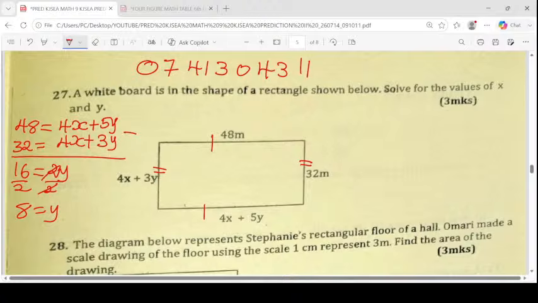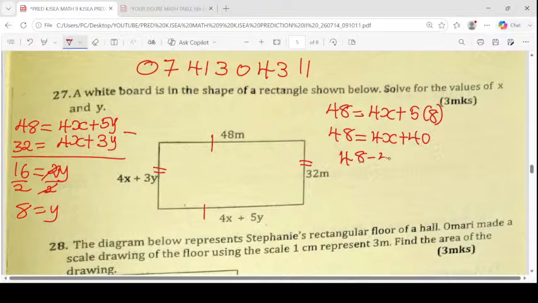To get now the value of x, you can substitute into either of the equations. I can take 48 is equal to 4x plus 5y. Now 5 times y, which is 8. So this will become 48 is equivalent to 4x plus 40. Collecting like terms, I'll have 48 minus 40 is equal to 4x.